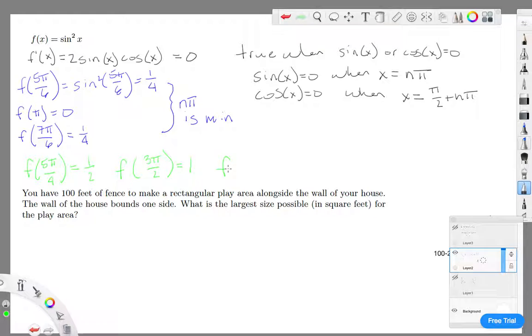Okay, and then let's try f of 7 pi over 4 is equal to 1/2. Right, so we see that this point is above both of these, therefore pi over 2 plus n pi is a maximum.